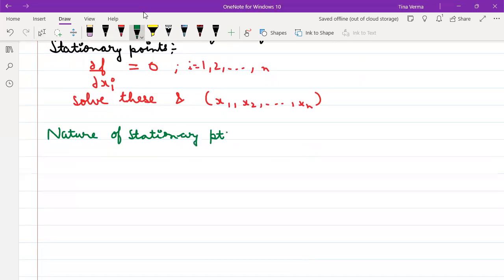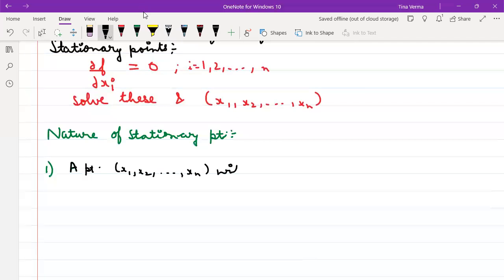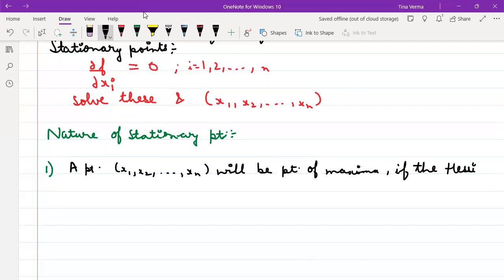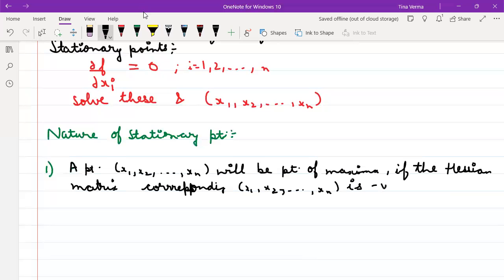The nature of the stationary point: a point x1, x2, xn will be a point of maxima if the Hessian matrix corresponding to x1, x2, xn is negative semi-definite or negative definite.